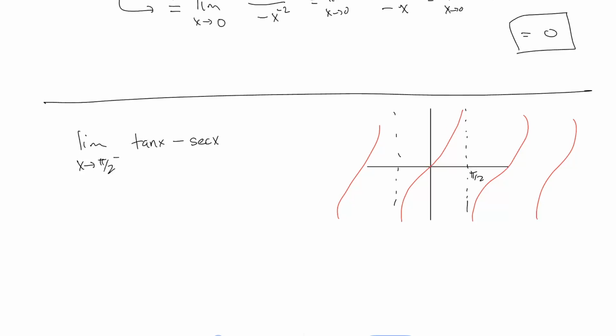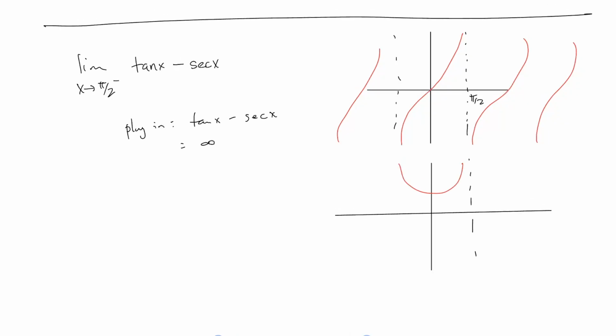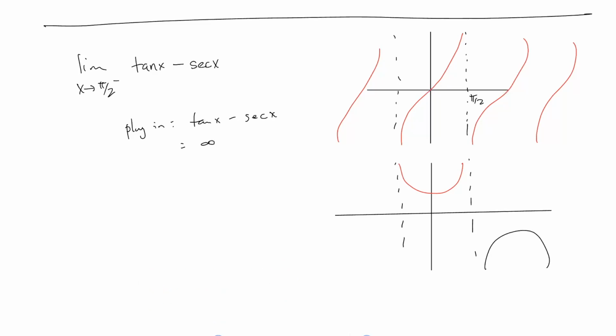But anyway, when I try to plug this in, it would look like tan x minus secant x is infinity for the tan x. That's because approaching pi over 2 from the left side, the value is way up here, all right? And the secant, now this is another function that I would not expect you to know the graph of. But if you graph the secant, it looks sort of like this. It has these same asymptotes, and there's sort of one down here and then another one up here.